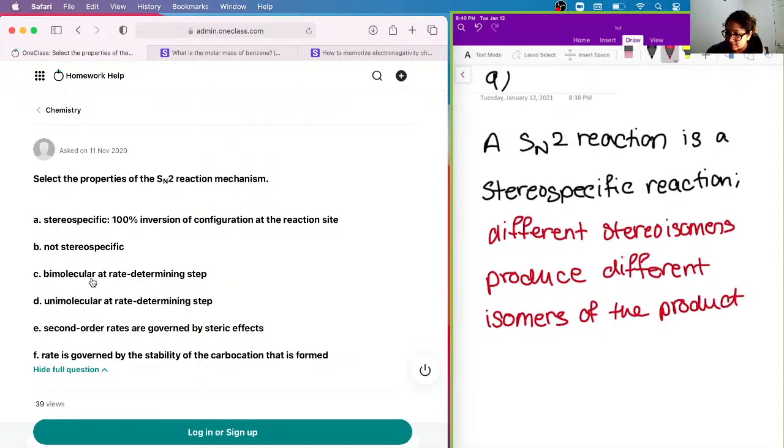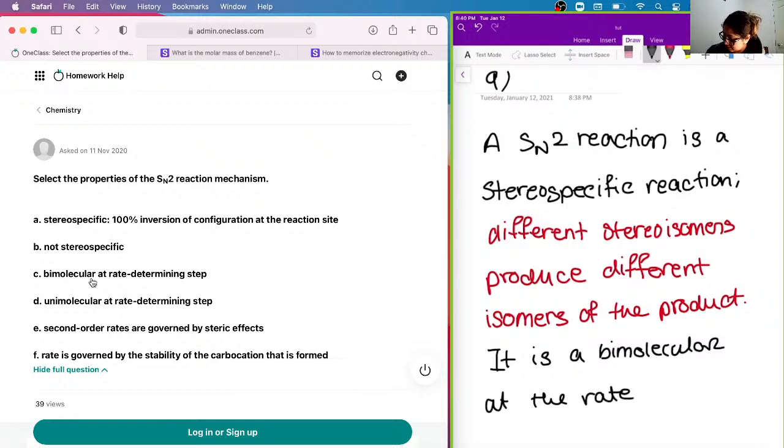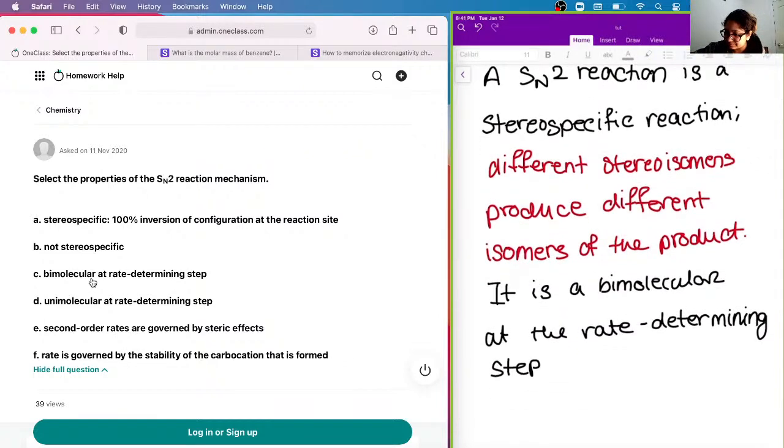It is also a bimolecular reaction at the rate determining step, in which the overall rate depends on a step in which there is a collision between two separate molecules, right?